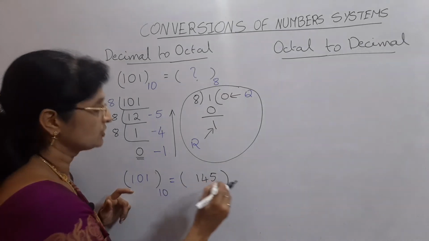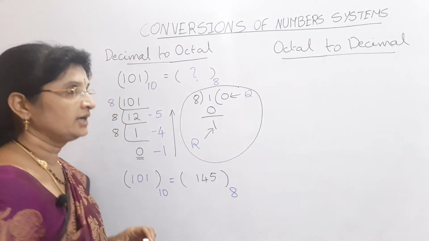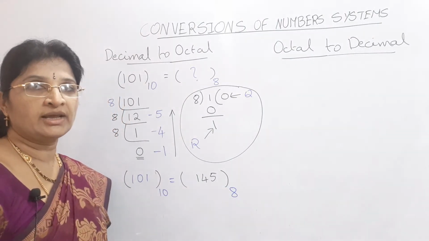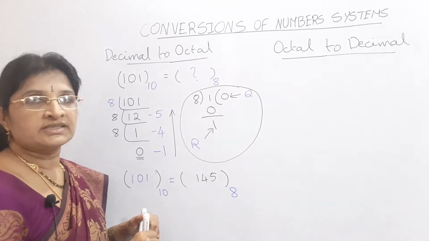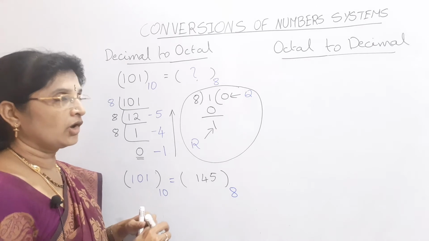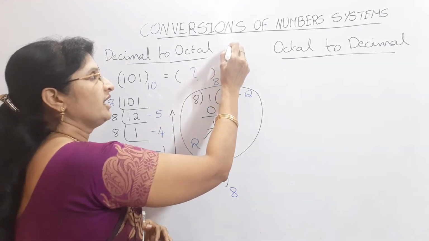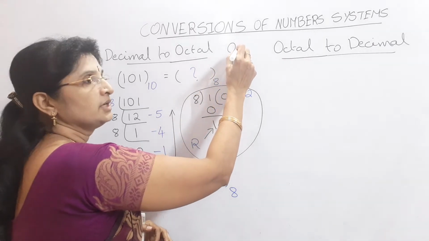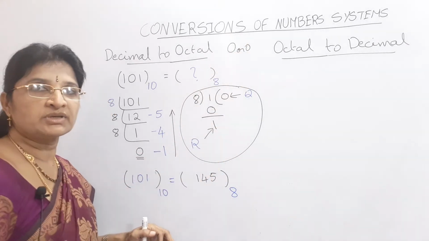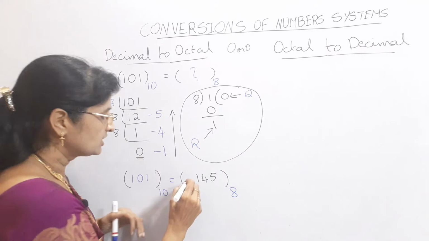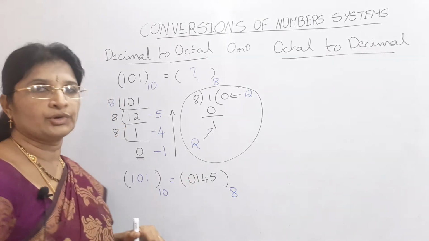This is base how much? It is base 8. At the beginning while discussing the number system, we discussed how to represent octal numbers. Octal numbers are always represented starting with a 0 or O or small o. So here you have to place an O.